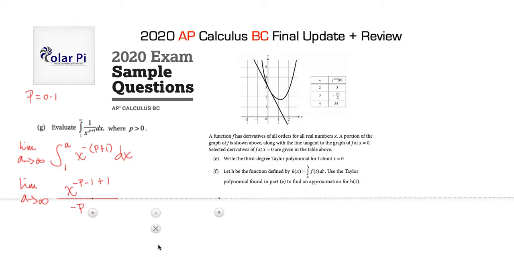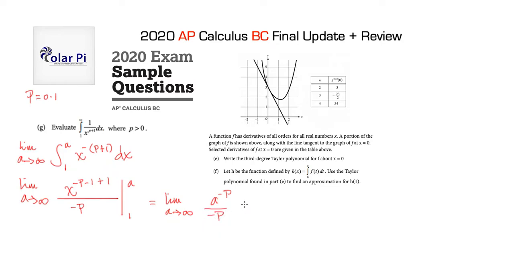Okay, so we've just finished integrating. So what we could do is evaluate, and then take the limit. The evaluation means that we draw a vertical line here and write 1 at the bottom and a at the top. So this is the same as the limit as a goes to infinity, and plugging in a, we're going to get a to the minus p, divided by minus p.